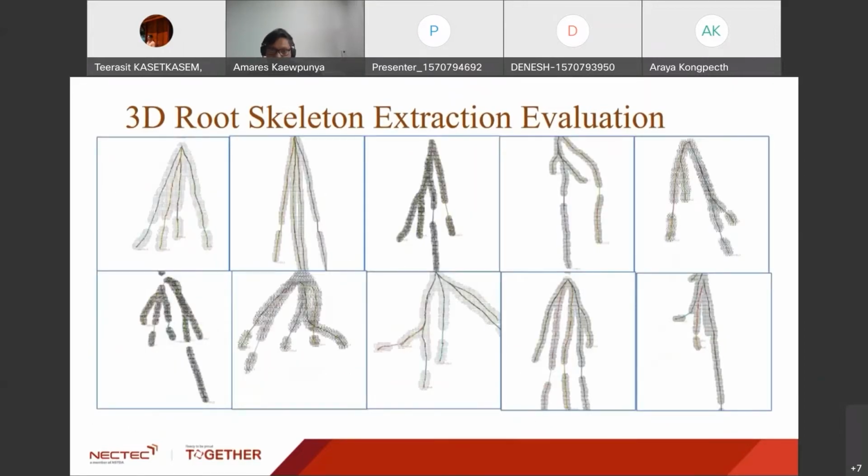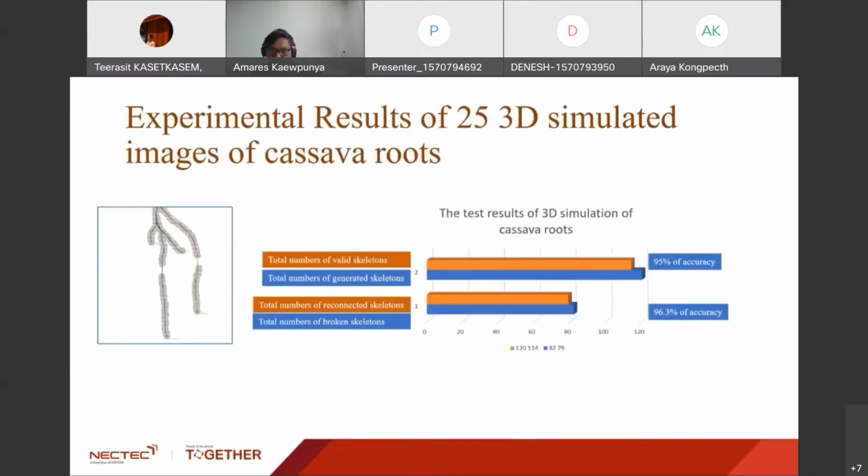To prove the working principle, the first experiment was conducted with 25 3D images of simulated cassava root. The total number of tested roots was 120 with 114 valid skeletons, so we achieved 95% skeleton extraction accuracy.